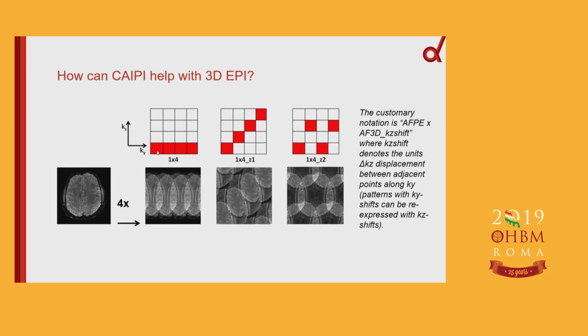If you only acquire these data, then you will have this kind of aliasing pattern, and then all the acceleration is loaded onto one set of coils, whereas you can spread this out effectively over Y and Z by different types of sampling patterns, and that will give you a better reconstruction, lower g-noise.